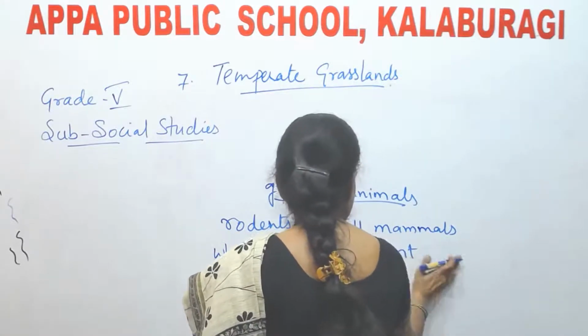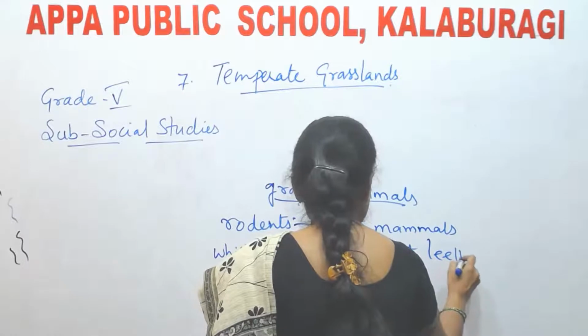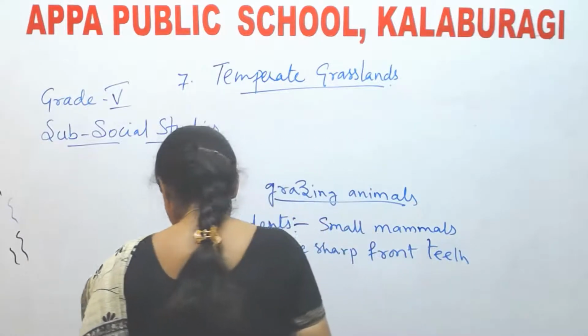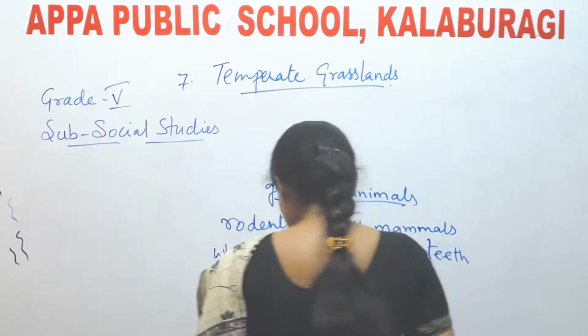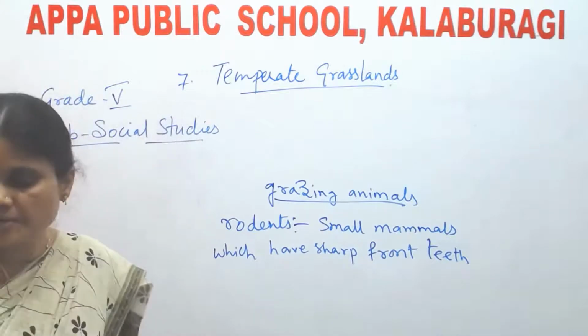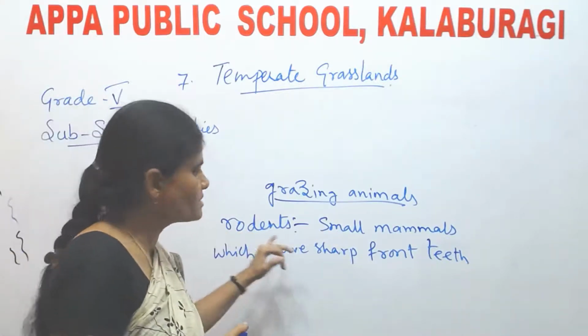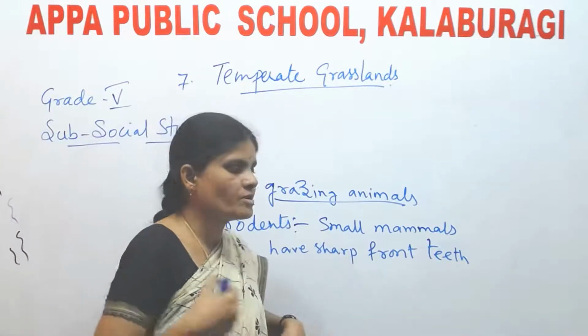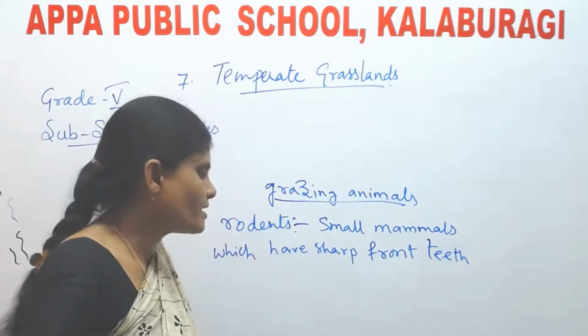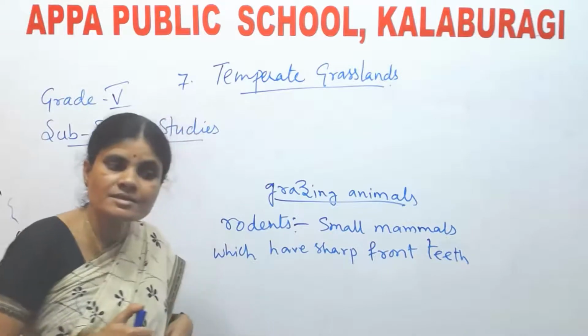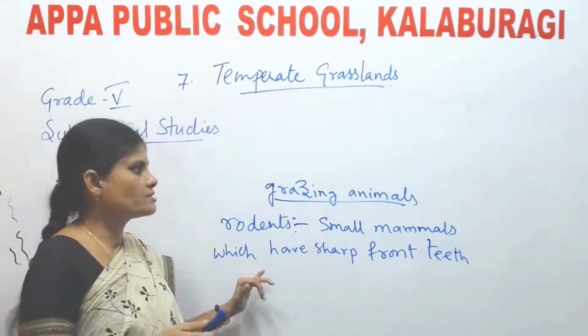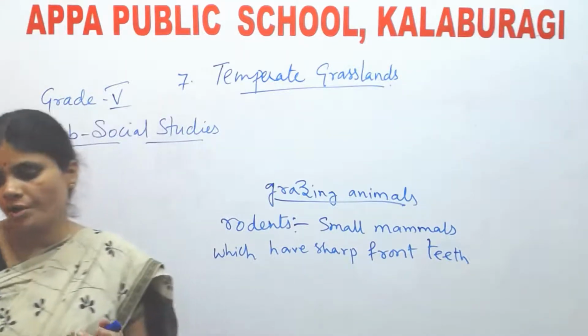Such animals are called rodents. Rodents are nothing but small mammals which have sharp front teeth. For example, rats and squirrels. Rats and squirrels are called rodents.